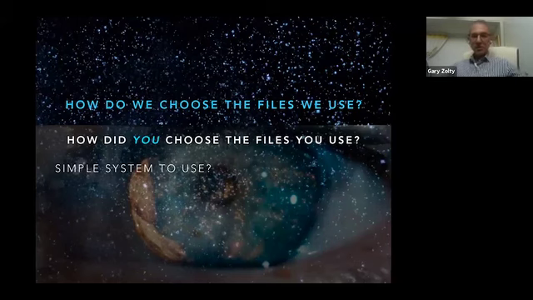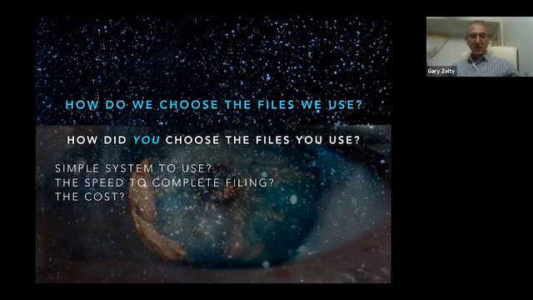Well, I suppose we wanted a simple system, something fast to complete the filing. The cost was a factor. We wanted a file system that's safe, that's not going to introduce iatrogenic mishaps. We don't want files breaking, and obviously we want to keep to the canal's spatial orientation.